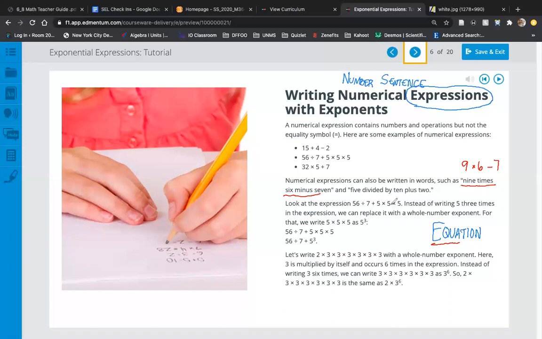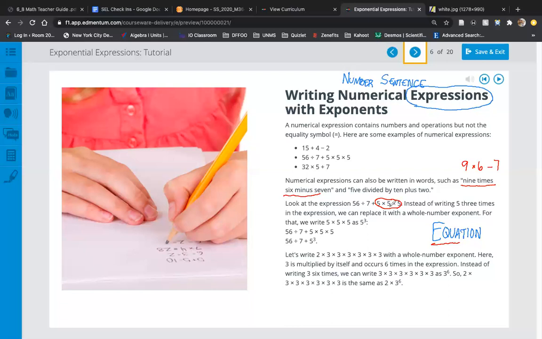times 5, right? So this is going back to what I said before about how exponents are really meant to make things easier. So instead of taking this whole part here and having to write out 5 times 5 times 5, right? Let's say that you're writing a paper and you had to keep writing this out. After a while, you're going to be tired of writing 5 times 5 times 5, and even more so if you had like 10 5s there.